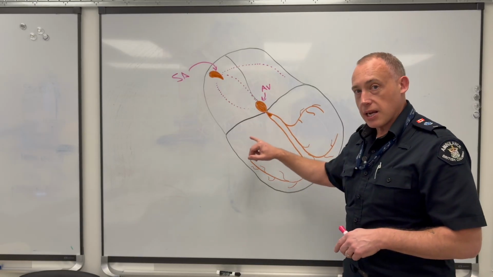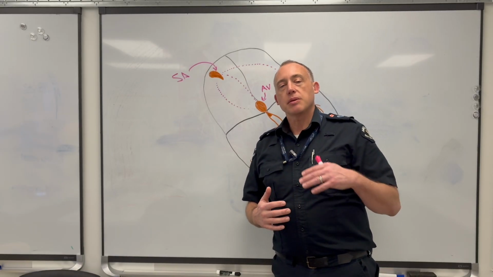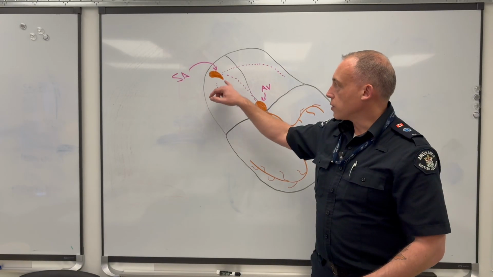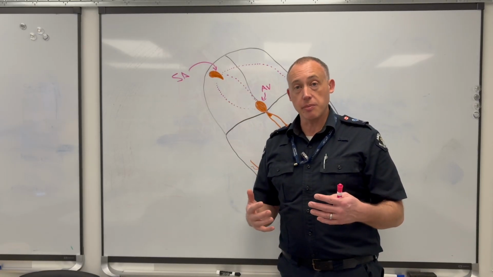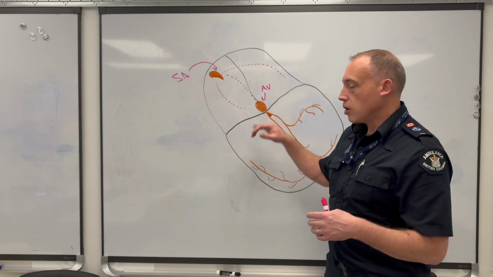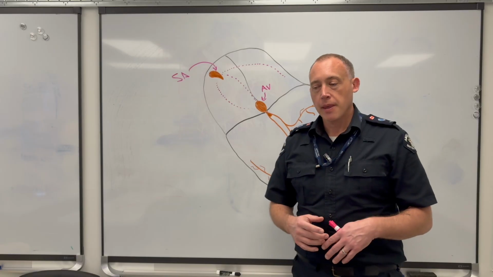The AV node itself also has automaticity, but it doesn't depolarize as quickly as the sinoatrial node. Whereas a sinoatrial node might depolarize at 60, 70, 80, 90 beats a minute in somebody, the AV node will depolarize more slowly at a rate of about 40 to 60.